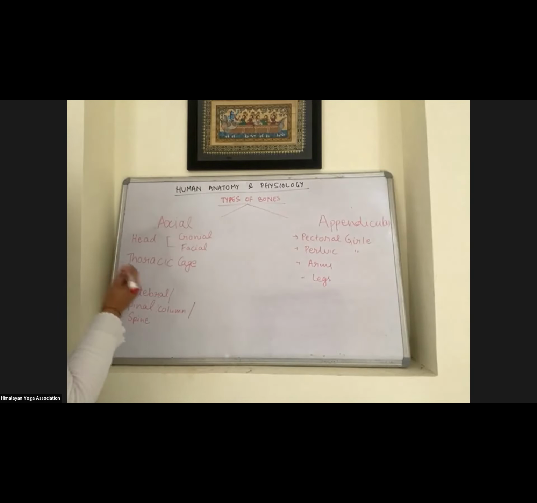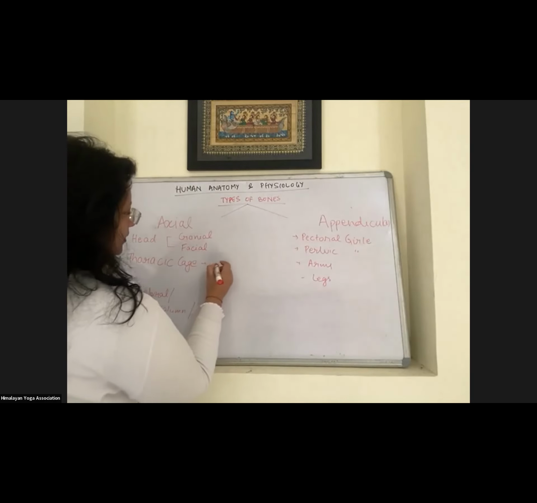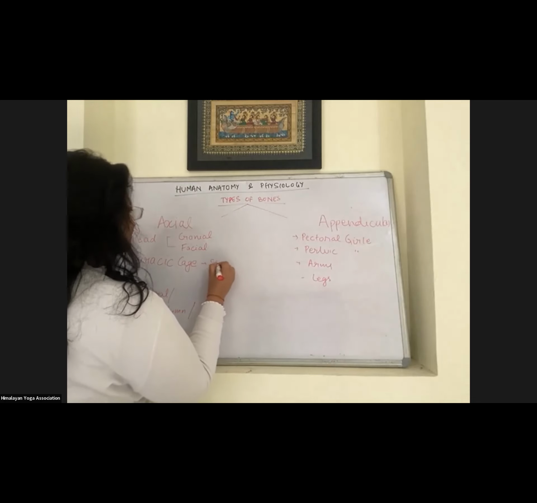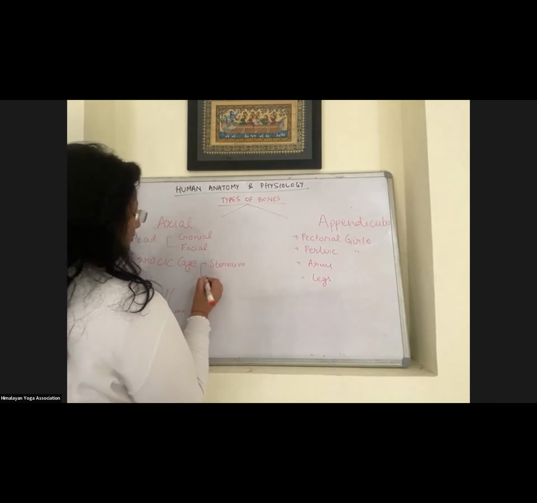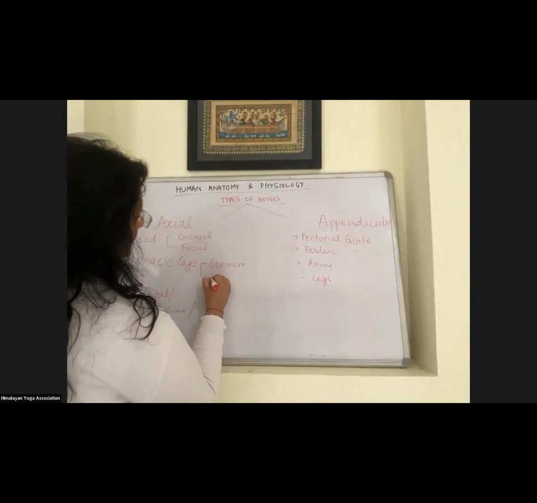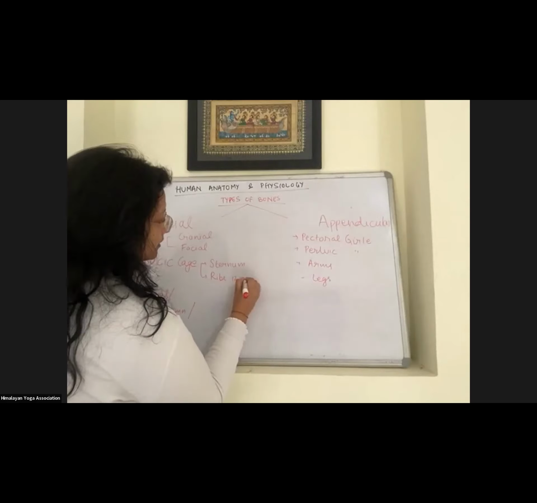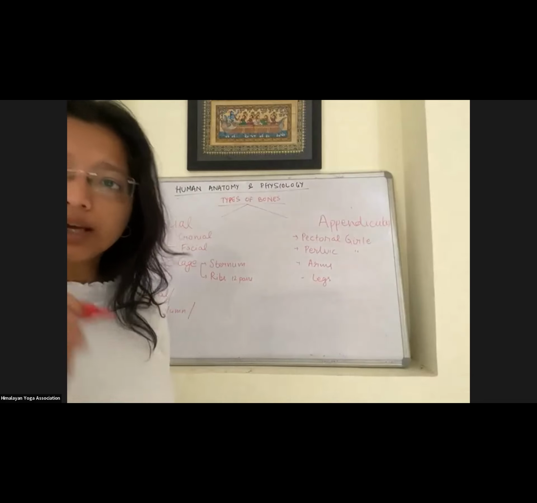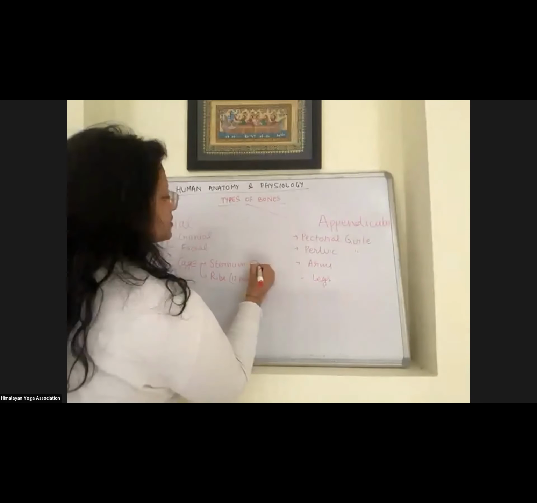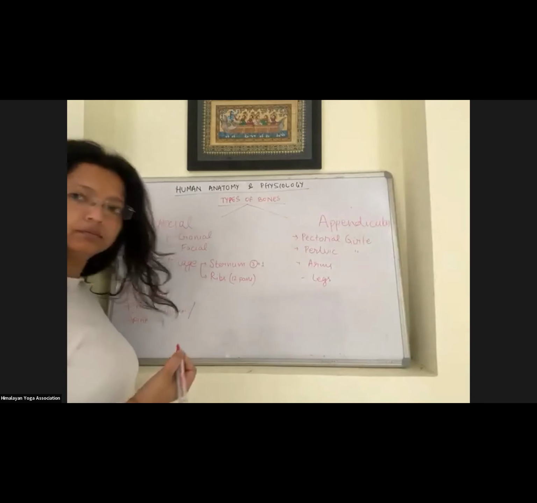Then in the thoracic cage, we have the sternum and the ribs. These are 12 pairs. I'm not saying 12 bones, I'm saying 12 pairs of bones. The sternum was 3 bones fused into 1.